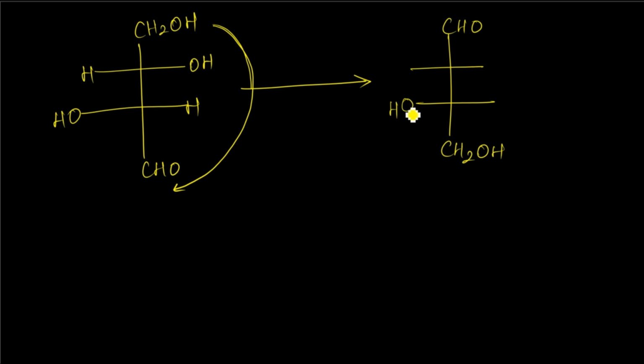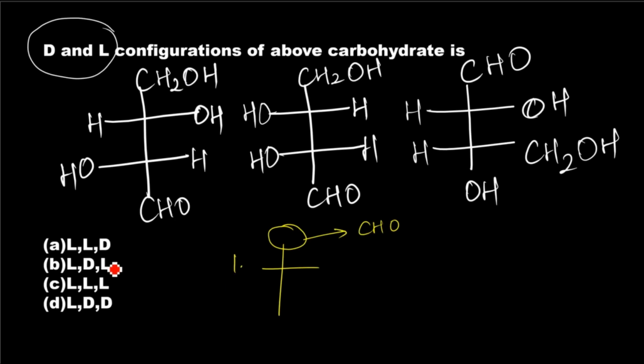Okay, so this OH will go here and then H will go here, and this H and OH will come and occupy these two positions. Okay, now which is the chiral carbon over here? The last chiral carbon is this point, and the OH is on the left hand side, which means this is L configuration. Okay, so in the options you can see all start with L.